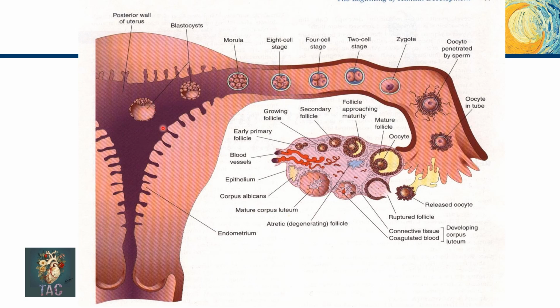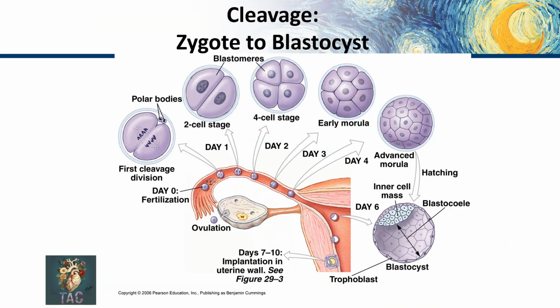And after this hatching process, this blastocyst reorients itself in such a way that its embryonic pole, where the embryoblast is present, faces the uterine cavity and it starts embedding, and implantation takes place.